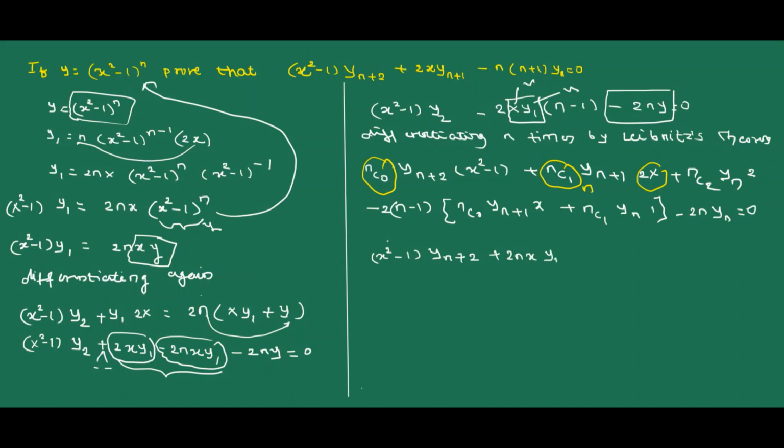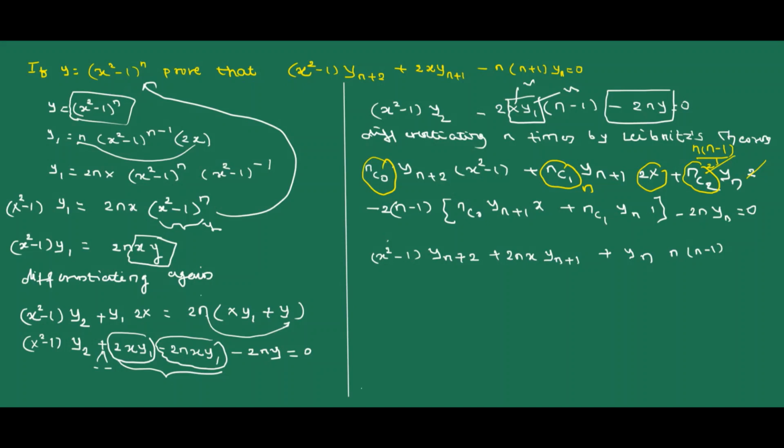The remaining term is y_{n+1}, plus. Now what is the value of nC2? nC2 value is n(n minus 1) divided by 2 factorial. This 2 factorial and 2 get cancelled. So at last we are left with only yn into (n minus 1).